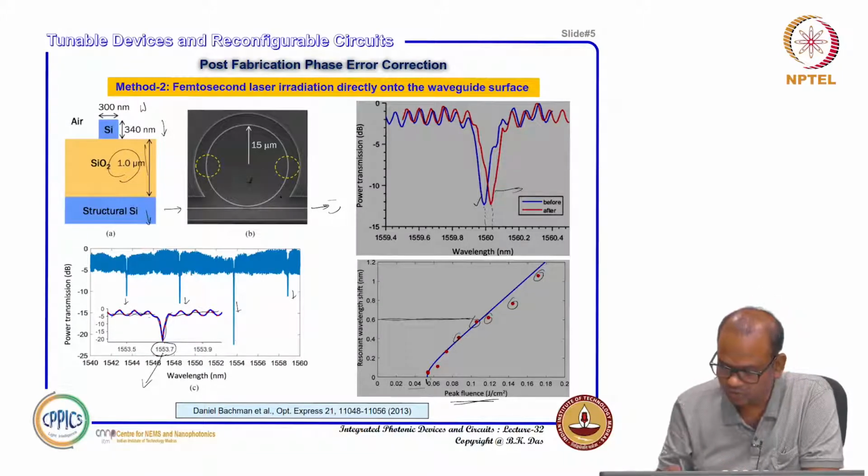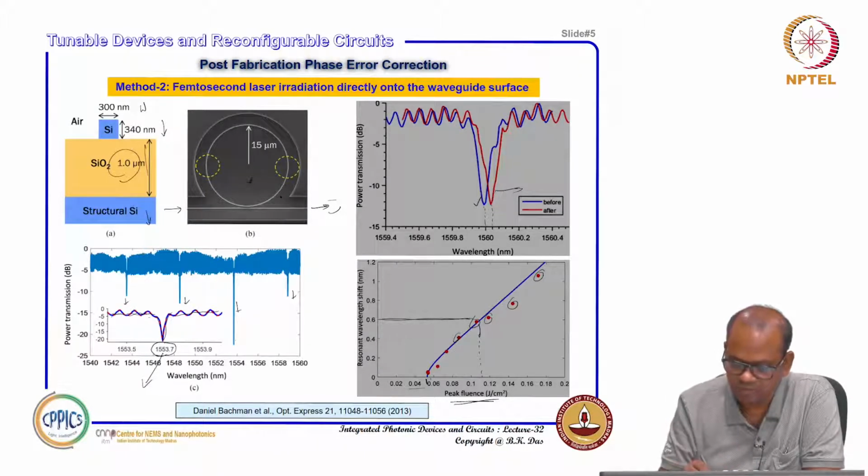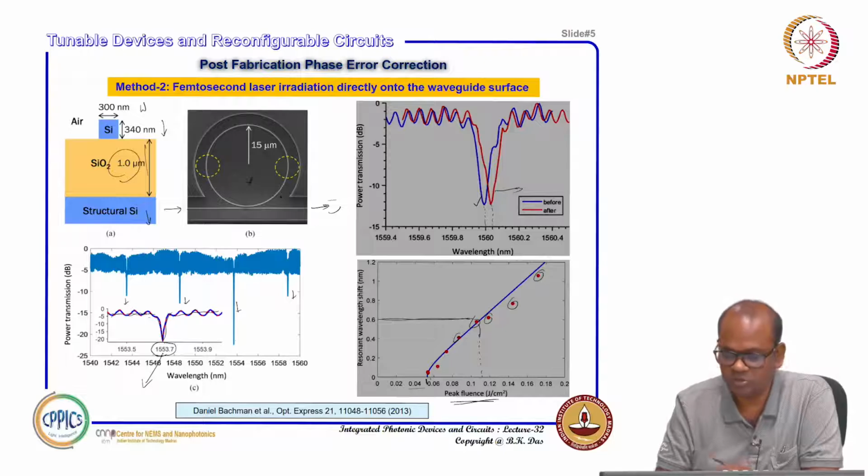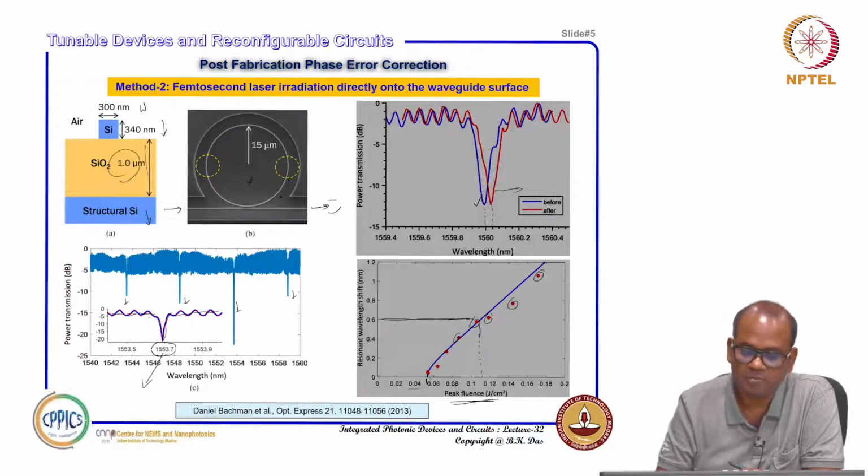You just apply a fluence of about 0.1 to 0.11 joule per centimeter square, then you can get this much detuning. So this model could be used for post fabrication permanent phase error correction.